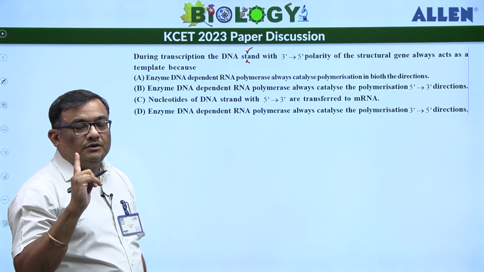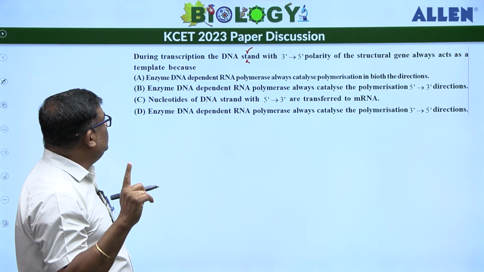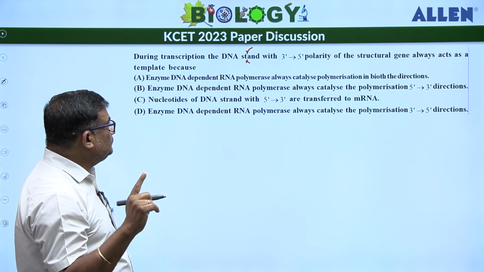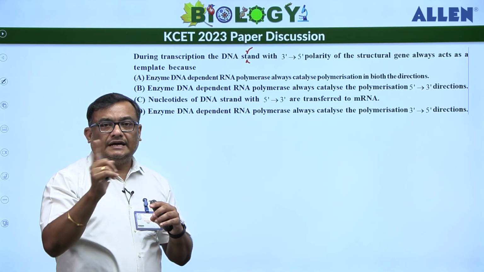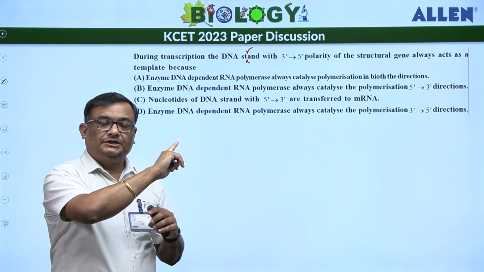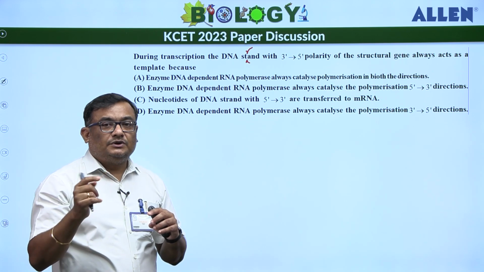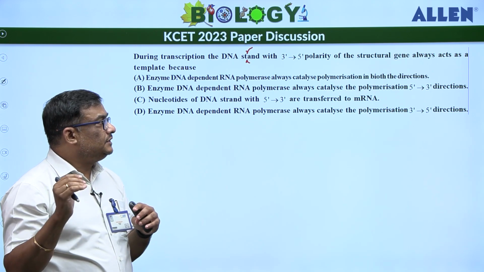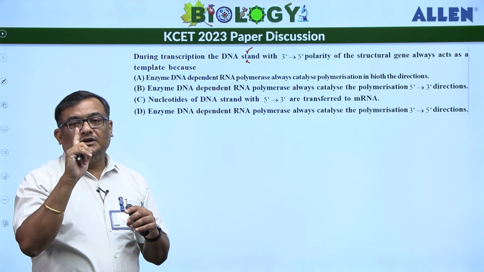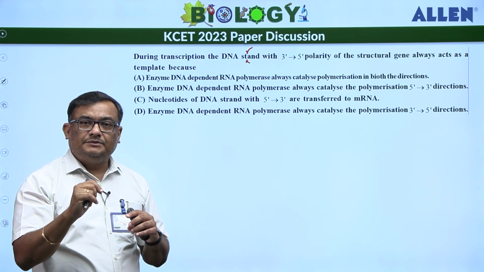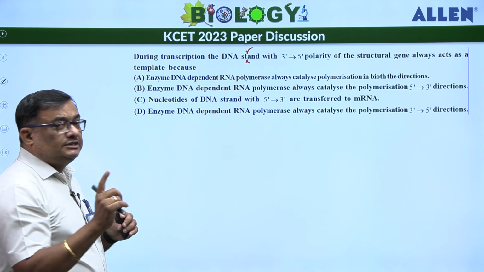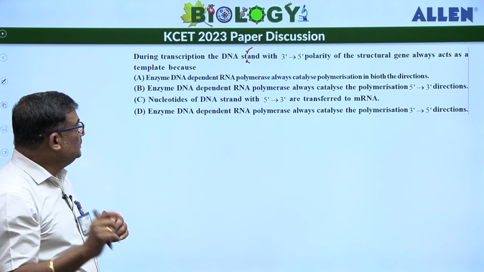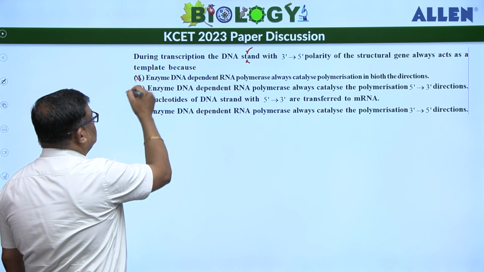Not at all. One direction. That is why, in case of your DNA replication, there is a leading strand and a lagging strand, and in case of your transcription, you always find only one strand of DNA being transcribed. That is termed the template strand. Okay, and that is termed the non-coding strand as well. This is ruled out.